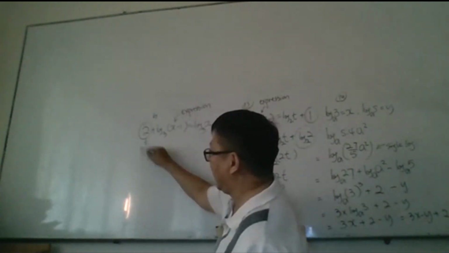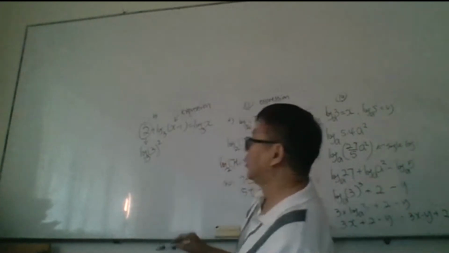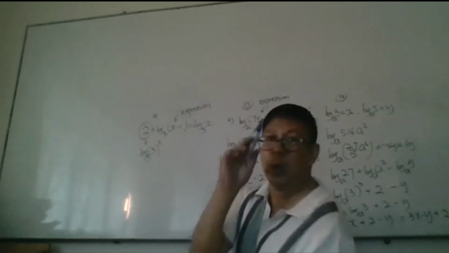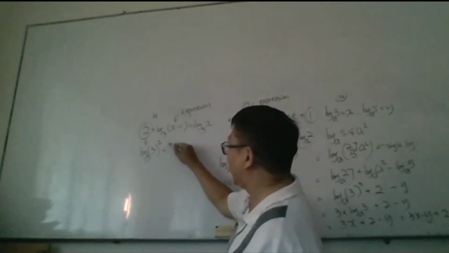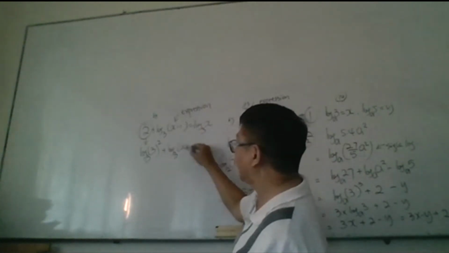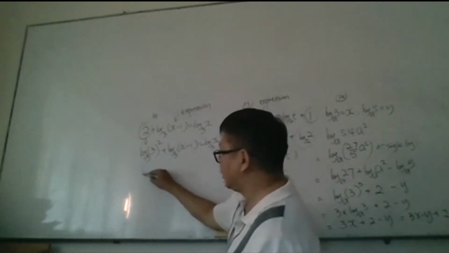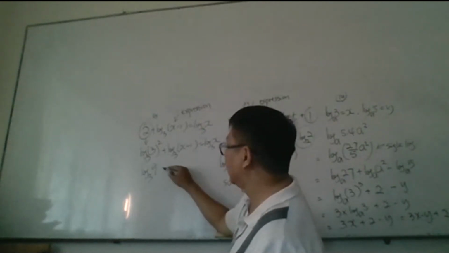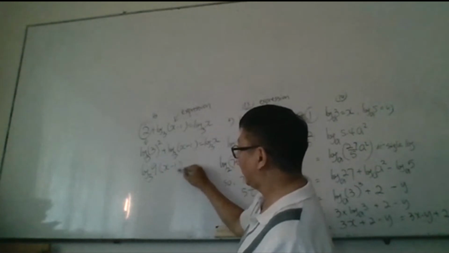The 2 will be log_3 of 3 to the power of 2. Remember, the number always represents your power or the index. Plus log_3 of (x minus 1) equal to log_3 of x. And this is your log_3 9. So plus is times.